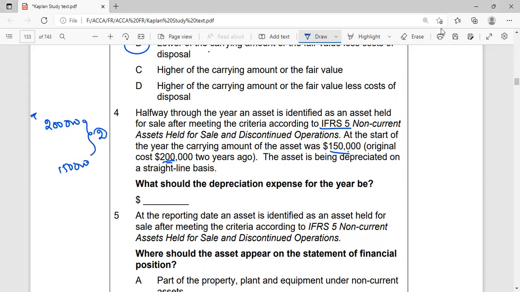Means for the 2 years the depreciation charged is 50,000. But it is clearly stated the straight line method is followed, means equal depreciation. This is for 2 years, so per year depreciation is equal to 25,000.